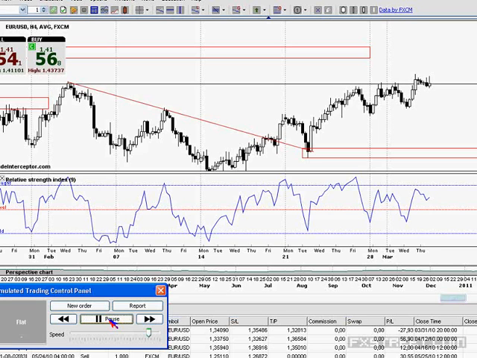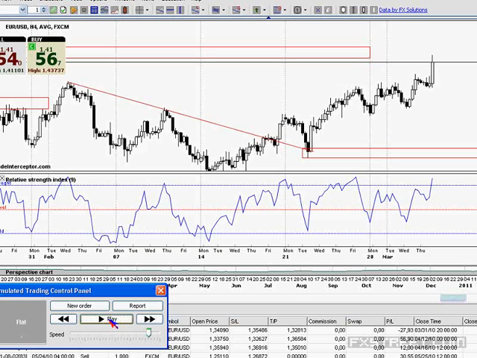So I'm looking both to price and to the oscillator series, and here I see how price enters the area which I initially draw here. Okay, so we pierced into that area.